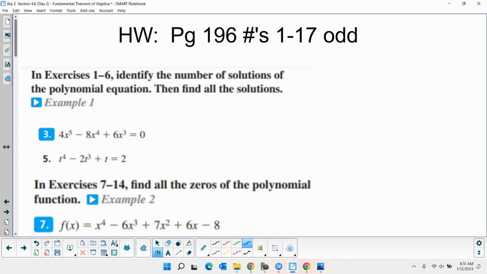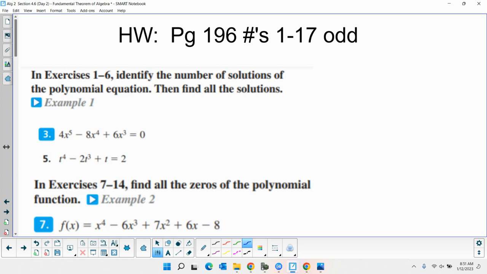Number 9, negative 2 twice, 1 and 3. 11, negative 3, negative 1, positive 2i, and negative 2i. And 13, negative 4, negative 1, 2, i radical 2, and negative i radical 2.